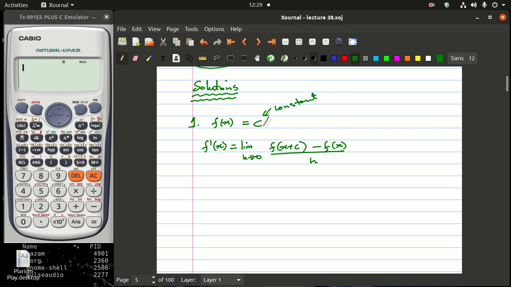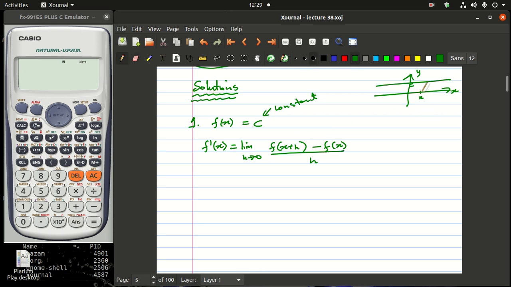Now, if you look into this particular function and draw it, you will find that it is a constant function, at height c if c is positive, or below the x-axis if c is negative. What is important here is that if this point is x, then when I am picking, this one is not supposed to be c, it's supposed to be h.